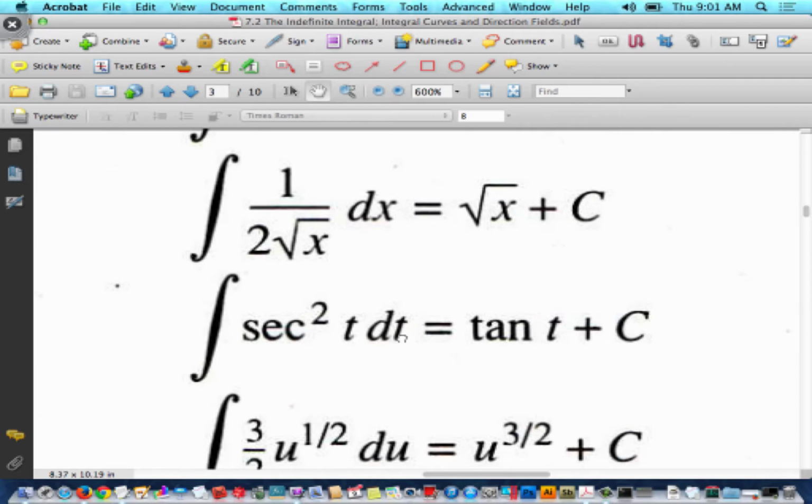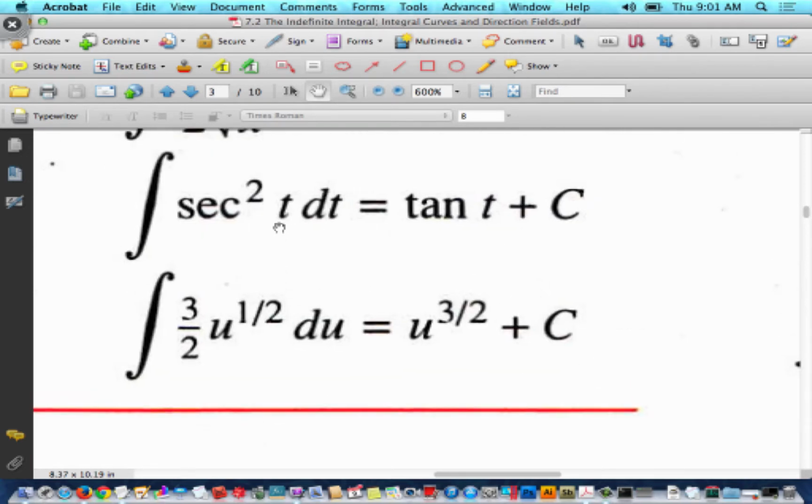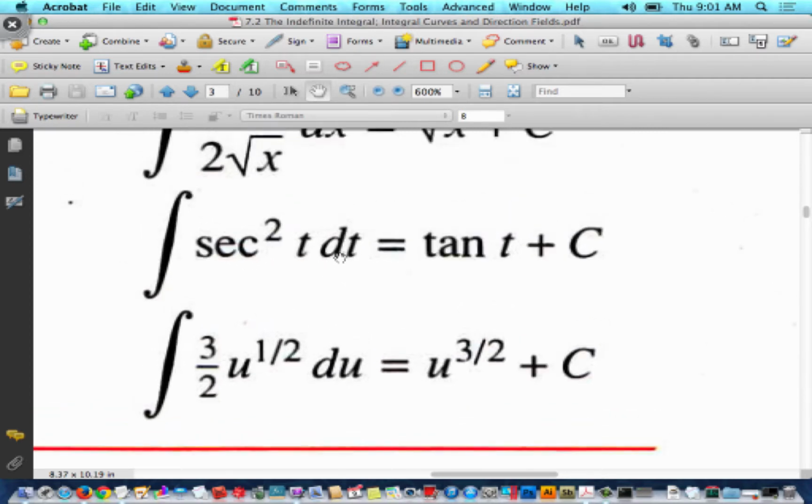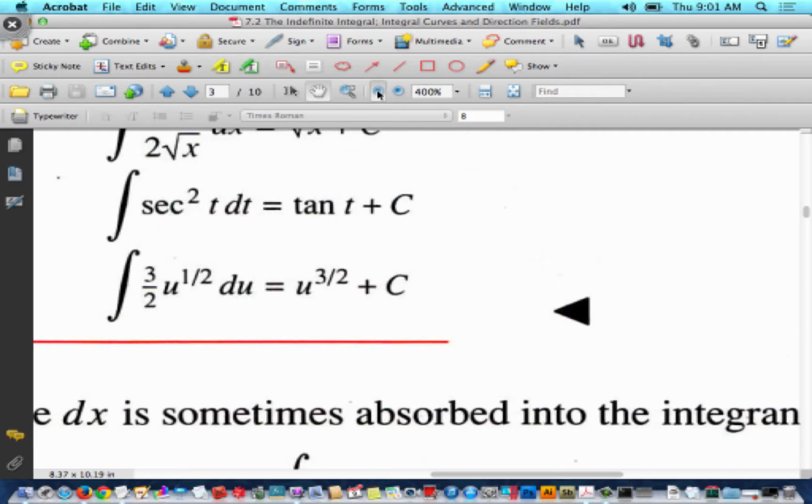Same thing down here. The variable here is t, so it needs to be the integral of secant squared t dt. So while it doesn't play a huge role, it does play an important role. It means more than just the variable of integration, but I think that's a good way to at least first explain it today.